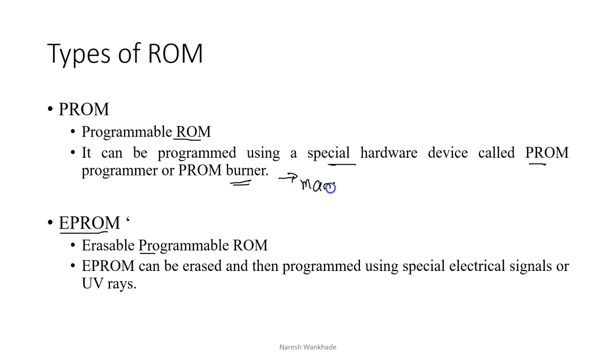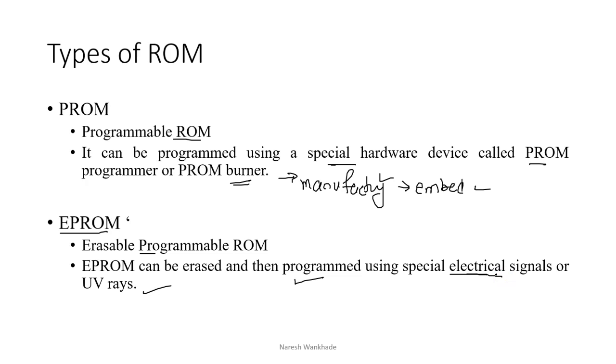Means at the time of manufacturing, we embed the program into the ROM. Erasable programmable ROM means whatever data is there can be erased and then programmed using special electrical signals or UV rays. Either electrical or ultraviolet techniques are used to erase the programmable ROM.